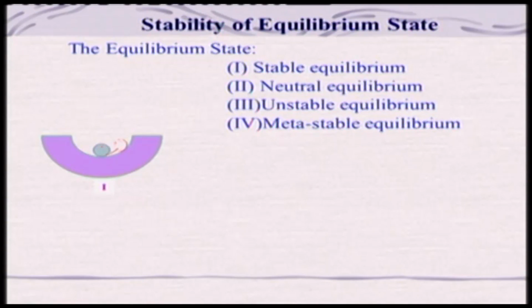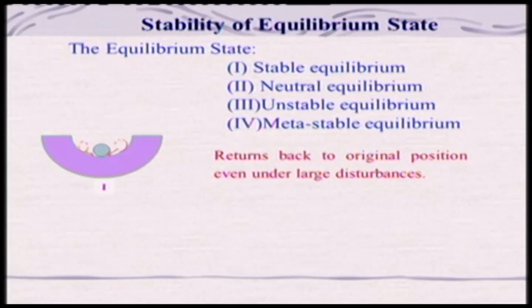Similarly, if the position of the ball is changed in the other direction, the ball will again come back and stay in the minimum energy state. Under this condition we call it a stable equilibrium, because if there is a change of the position of the ball, it can return back to the undisturbed position.